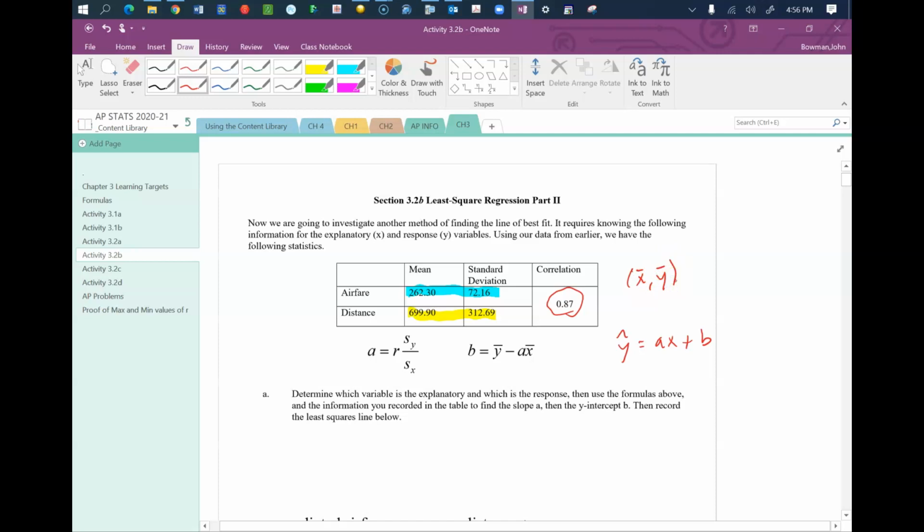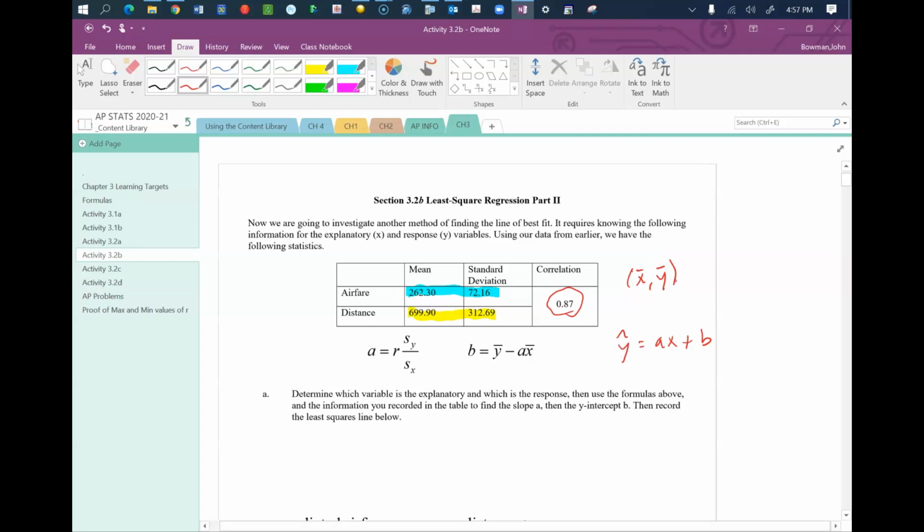So if we plug in x bar, y bar, which we already know, x bar is the average for the explanatory variables, y bar is the average for the response variables. If we plug those in, along with the known slope that we just found, we can find the y-intercept, and then we will have our line of best fit.